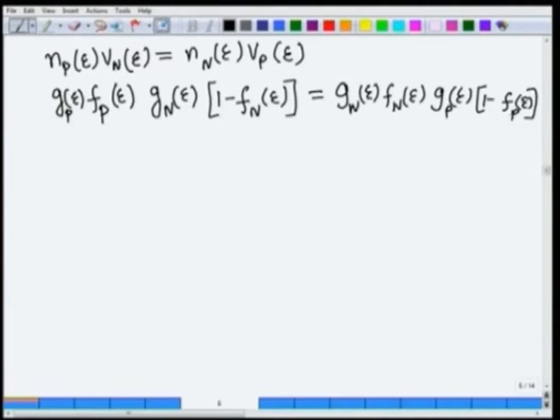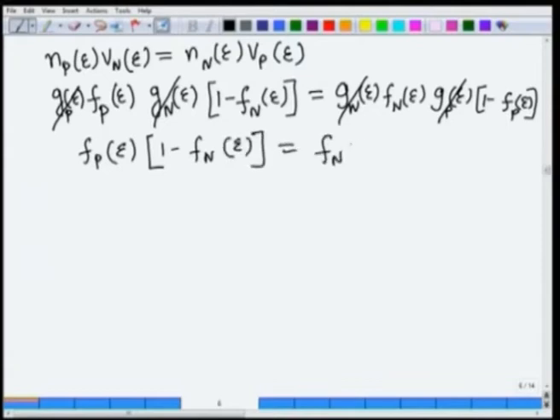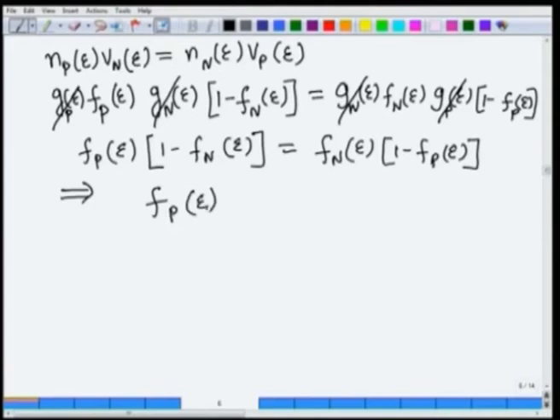If that is the case, now you can see I can cancel this out with this and this. So, this implies clearly that F on the p side, the Fermi function on the p side, should be equal to the Fermi function on the n side.